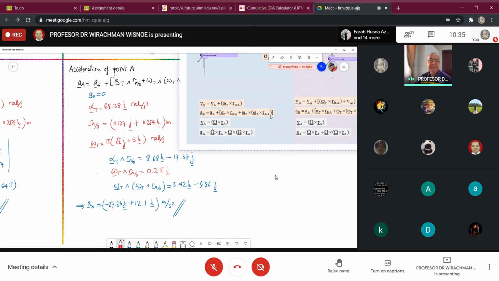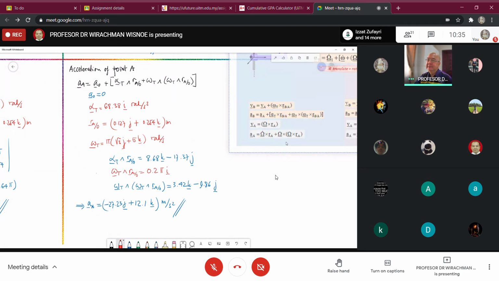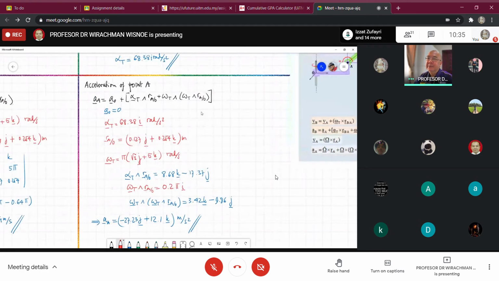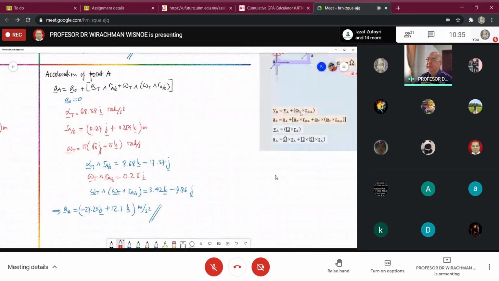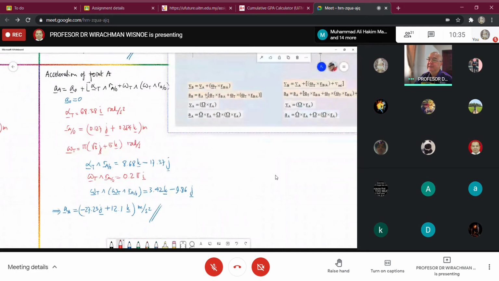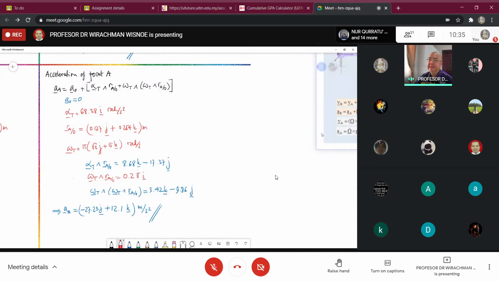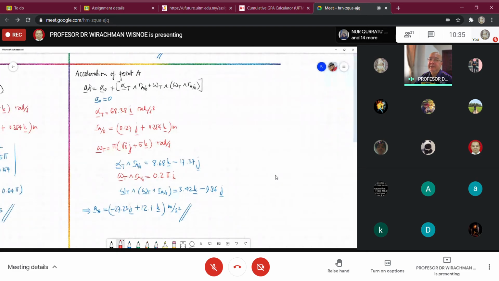If you want to calculate point C, this will be the formula. Okay, so I use this equation, I rewrite it there. So I have this equation.